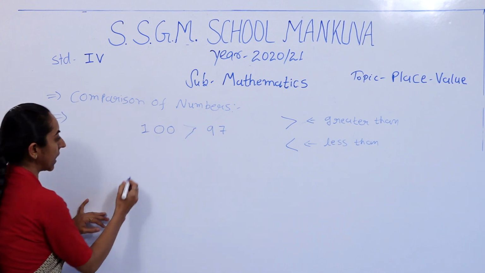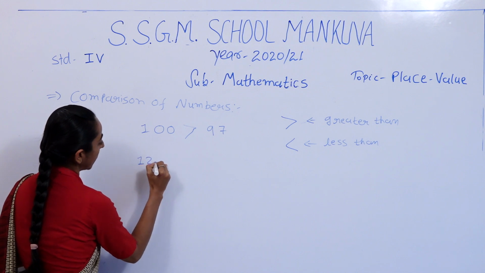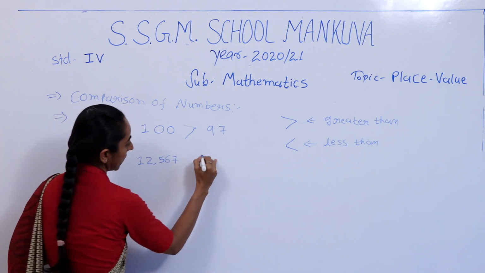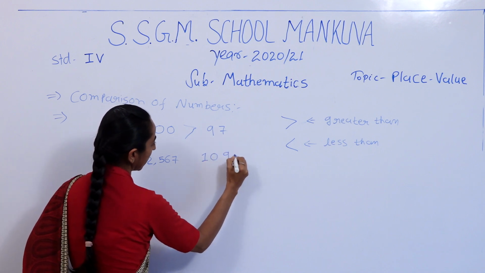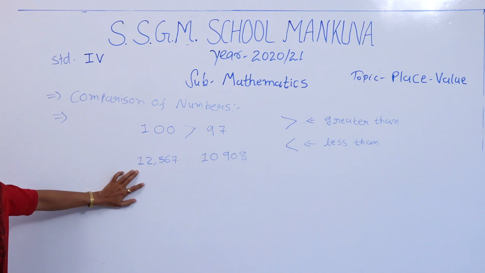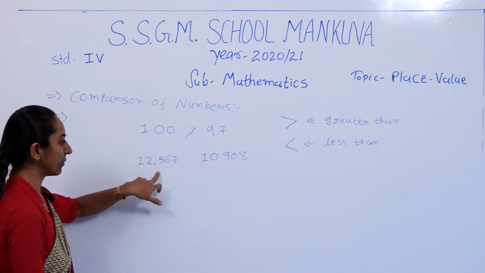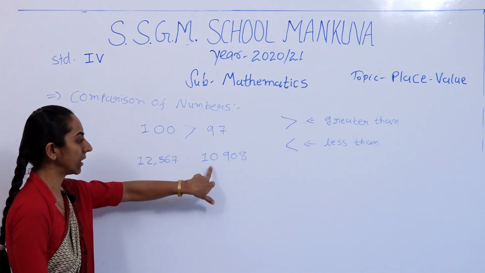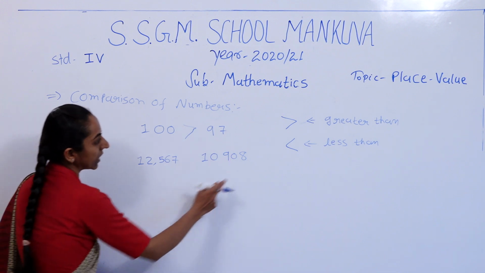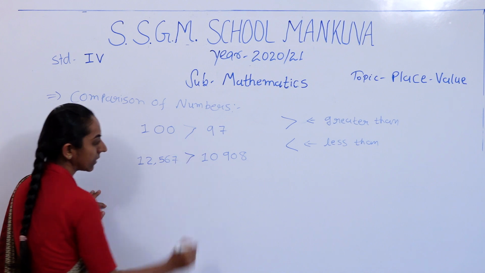Now another example, 12,567 and 10,908. Let's see, 12,567 is greater than 10,908. We use the sign greater than.